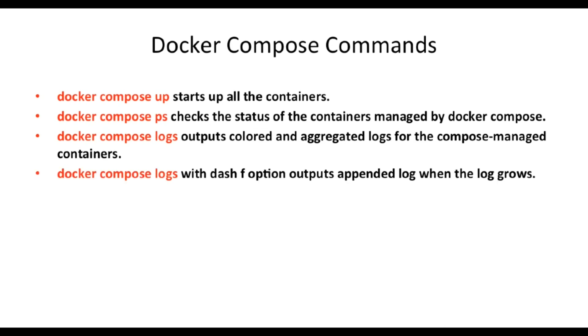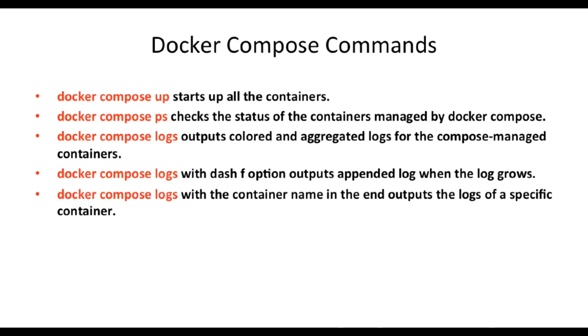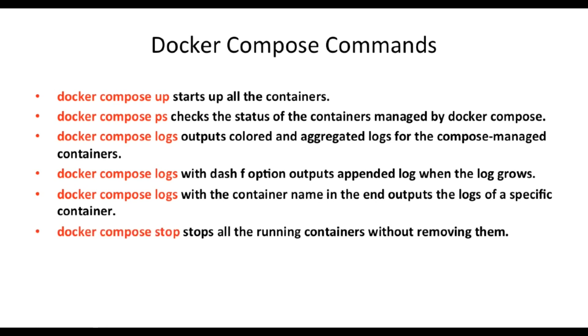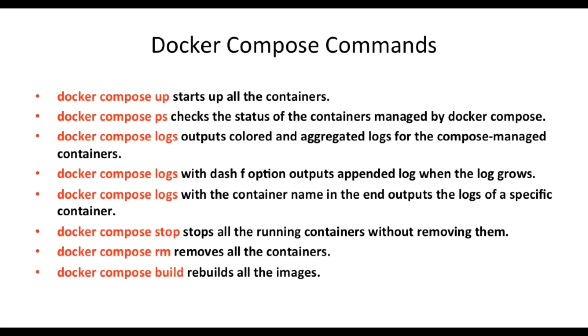Docker Compose logs with -f option outputs appended log when the log grows. Docker Compose logs with a container name in the end outputs the logs of a specific container. Docker Compose stop stops all the running containers without removing them. Docker Compose rm removes all the containers. Docker Compose build rebuilds all the images.